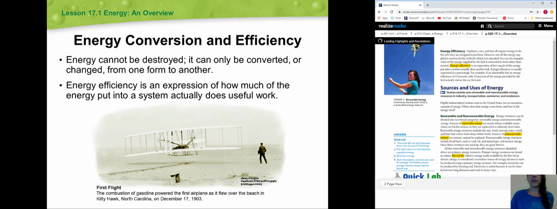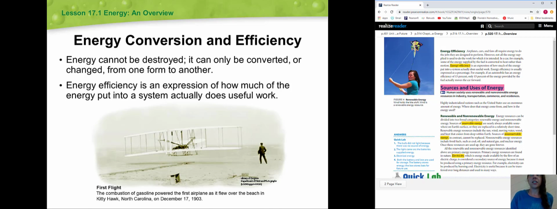So what about energy efficiency? Airplanes, cars, and fans all require energy to do the jobs they are designed to perform. However, not all the energy supplied is used to do the work for which it was intended. In a car, for example, some of the energy supplied by the fuel is converted to heat rather than motion.